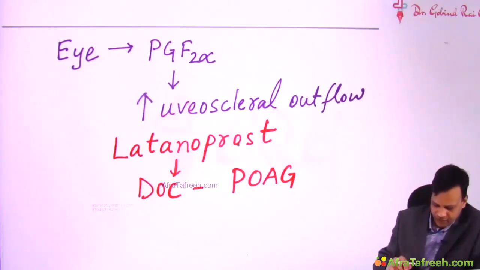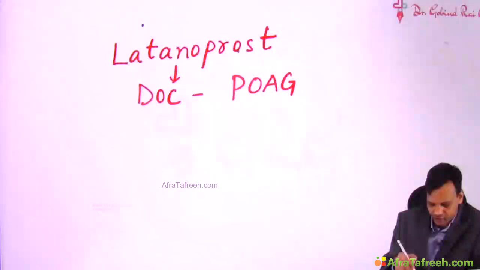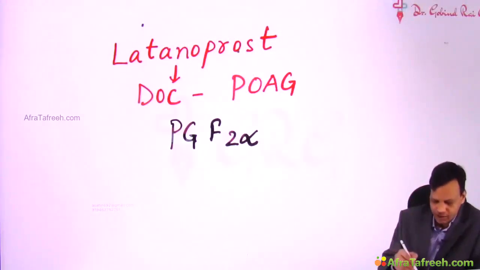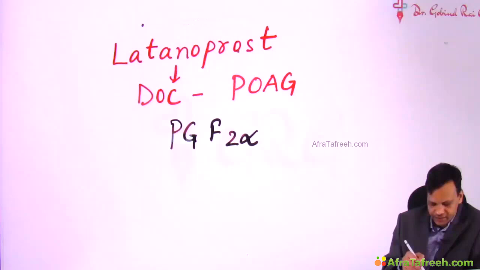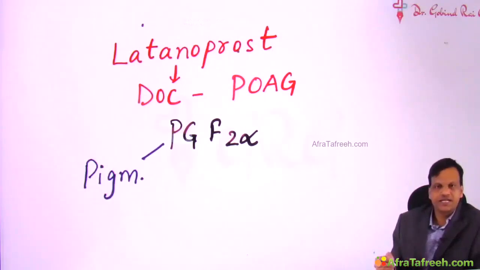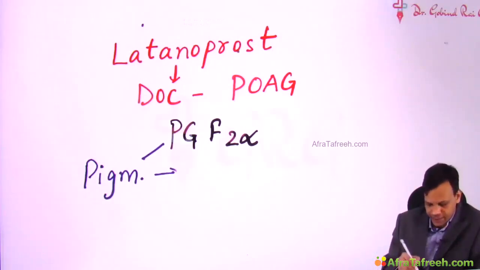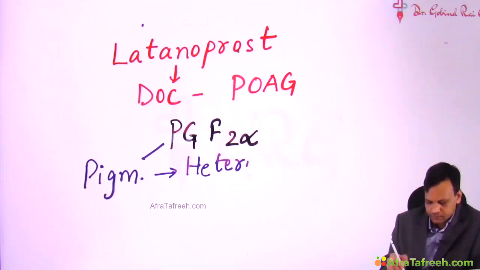The major side effects of latanoprost you can remember. It is prostaglandin F2 alpha. The main side effects of latanoprost are P for pigmentation of iris. The term for iris pigmentation is heterochromia iridis.